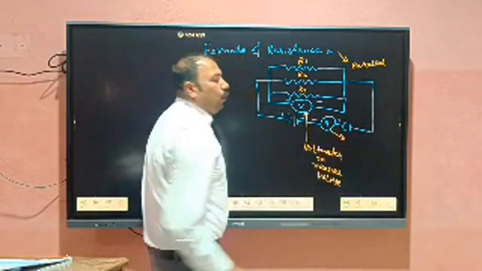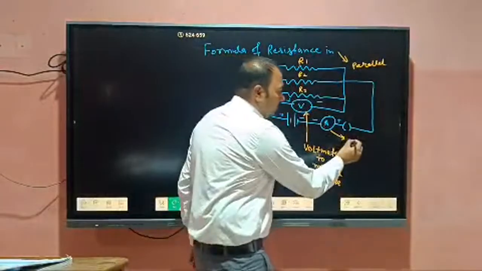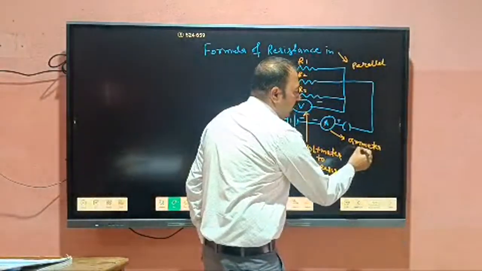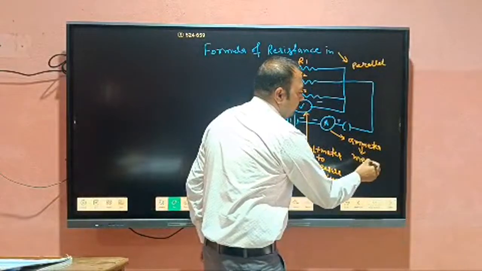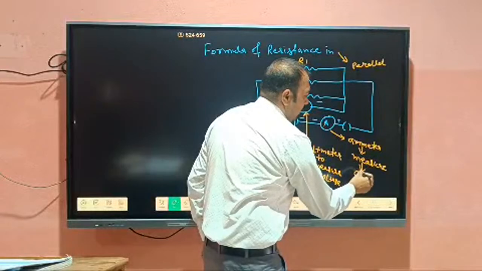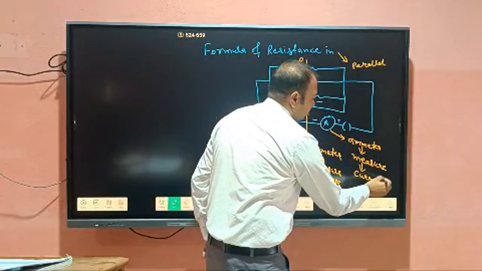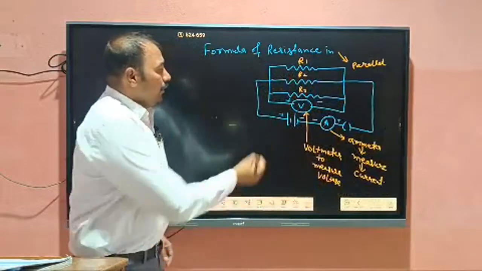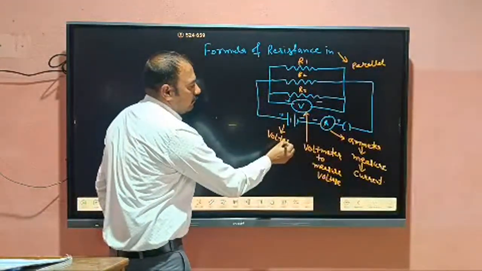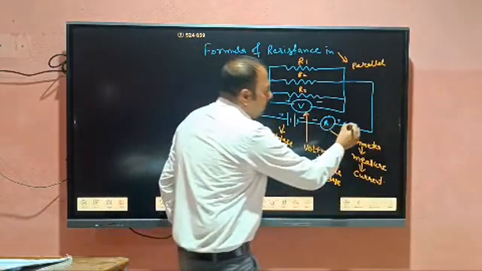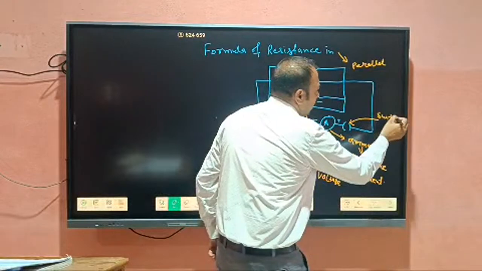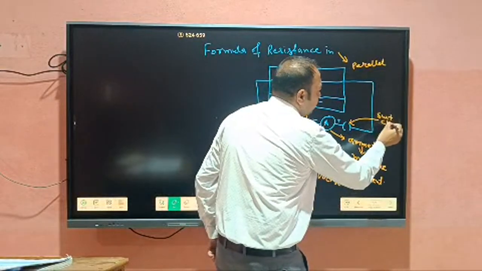And second, this is the ammeter. The ammeter measures current, and this is the voltage, and this is the switch.